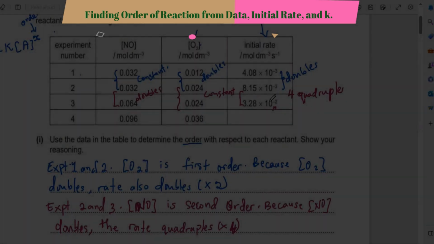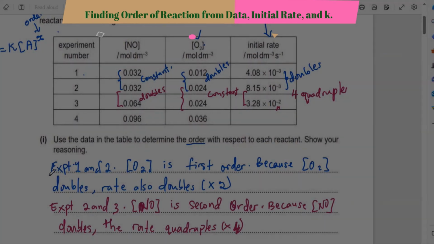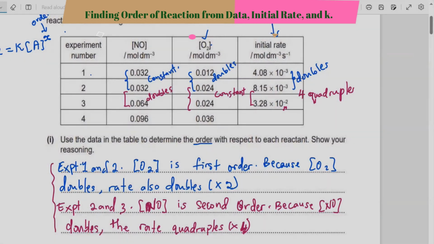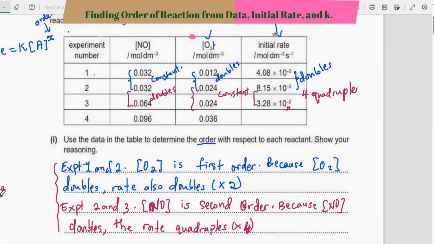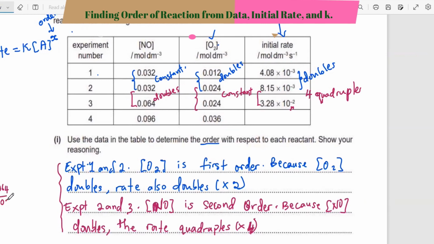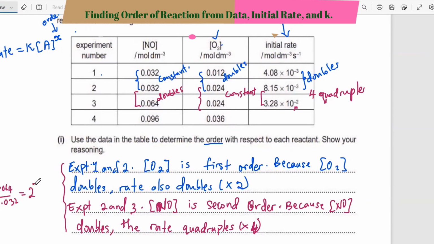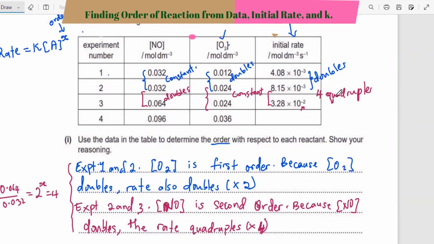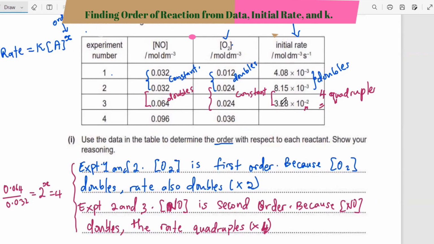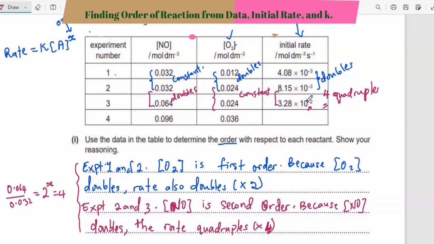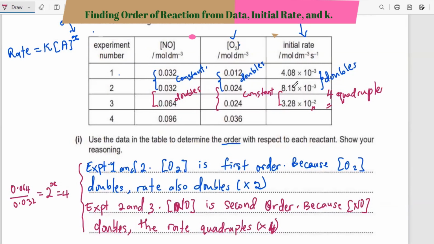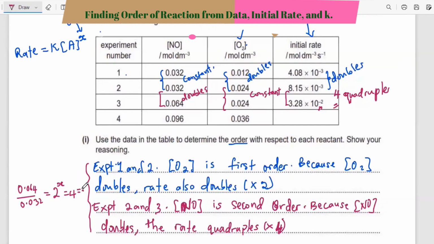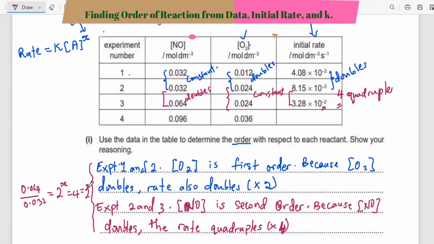Mathematically, let me put it this way, you have 0.064 divided by 0.032. That gives you 2, raised to the power of some x, which equals 4. Remember, 3.28 multiplied by 10 raised to the negative 2 divided by 8.15 times 10 raised to the negative 3 should give you 4, and that is 2 raised to the power 2 using the laws of indices.